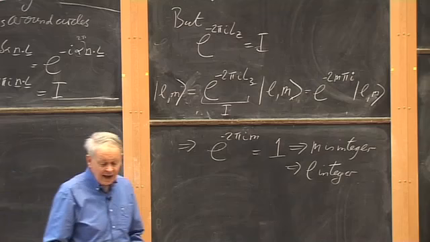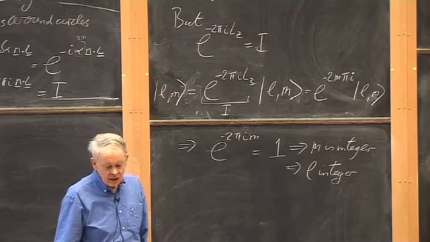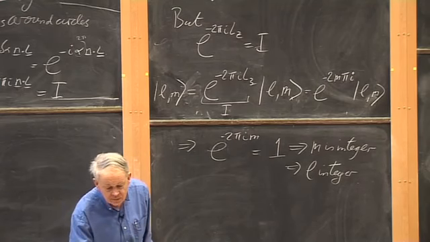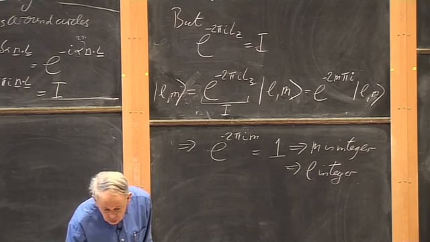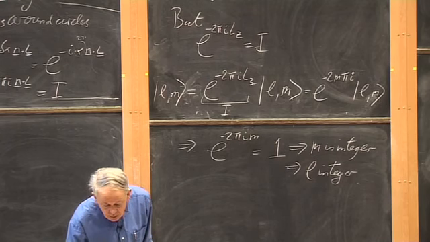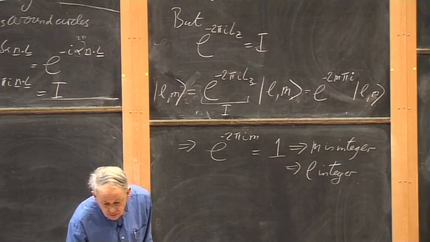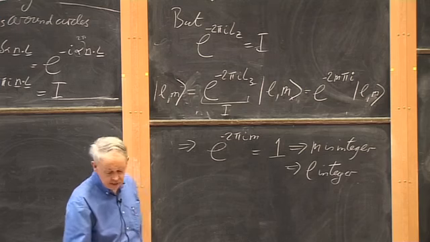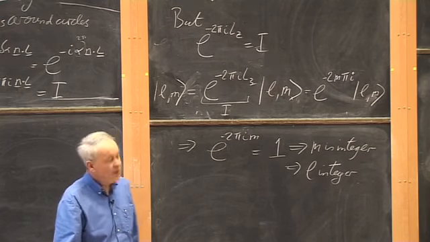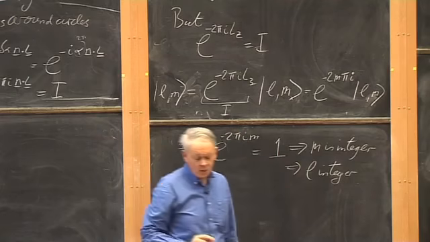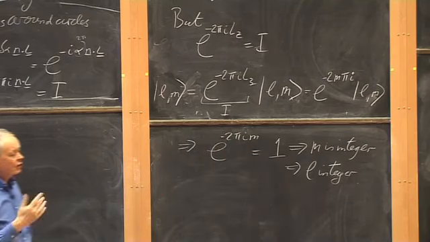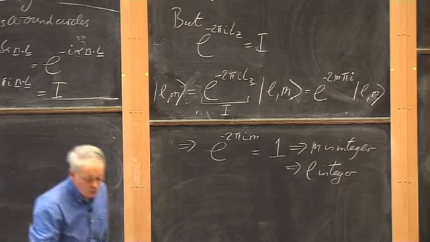So what we learn from this, in some sense, is that when we have translated our system all the way around a circle, it's come back to where it was, same orientation, everything the same, right?